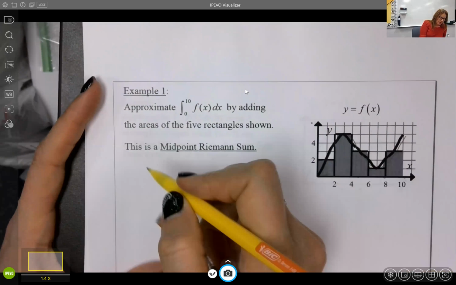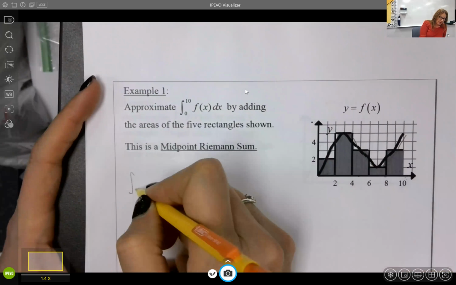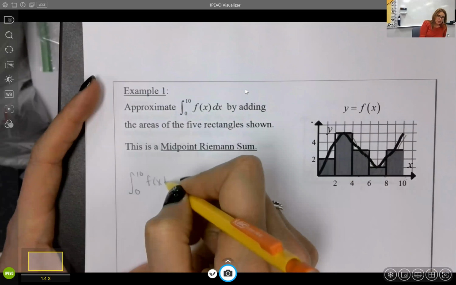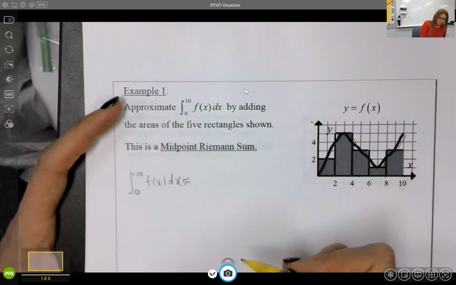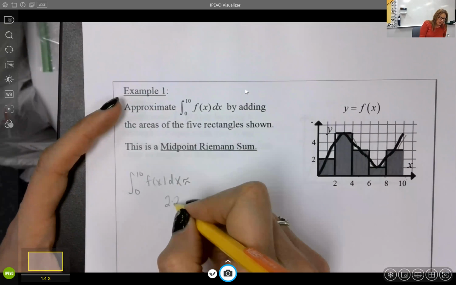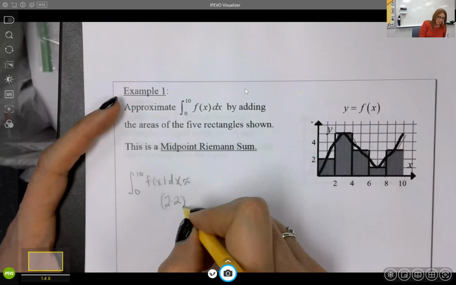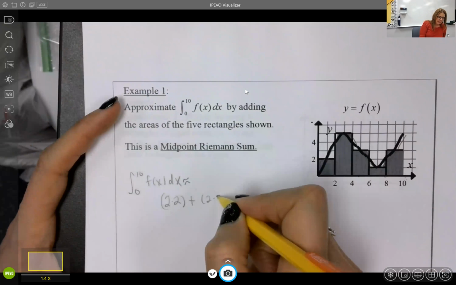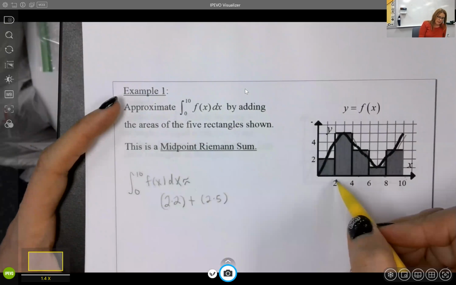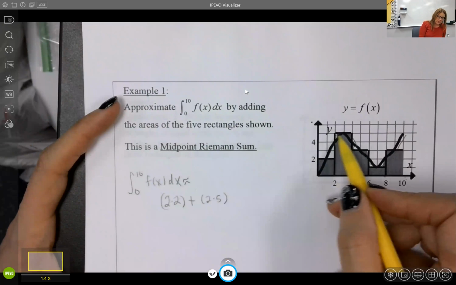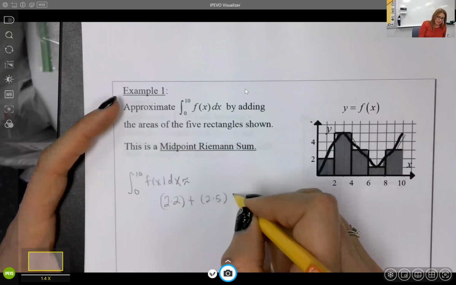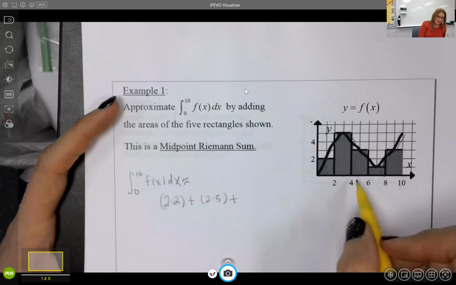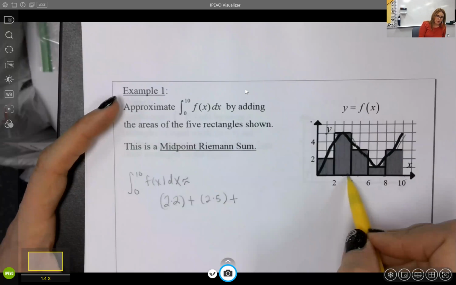So the area from 0 to 10 of this function is approximately 2 times 2, that's the first rectangle, plus 2 times 5, because this goes up to 5, and notice again that that's what the value was at 3, plus 2.